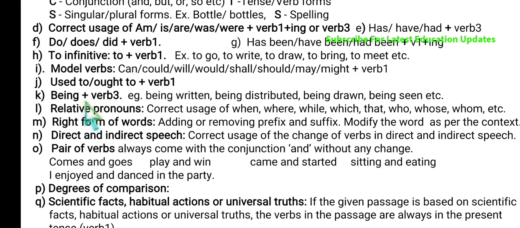Next one is being plus verb 3. Being written, being distributed, being drawn, being seen, being guided, being questioned, like that. Relative pronouns are very important.